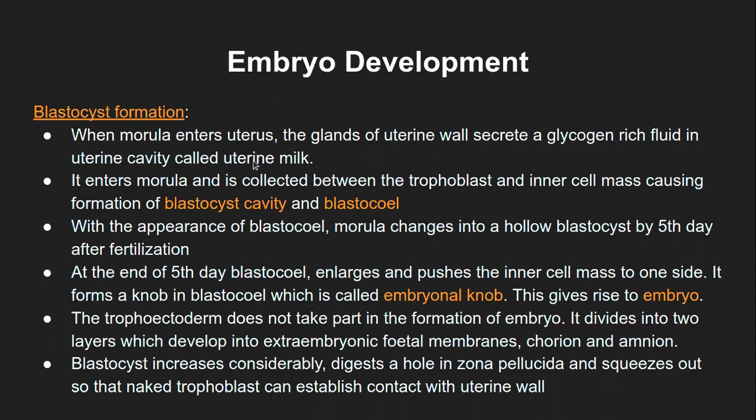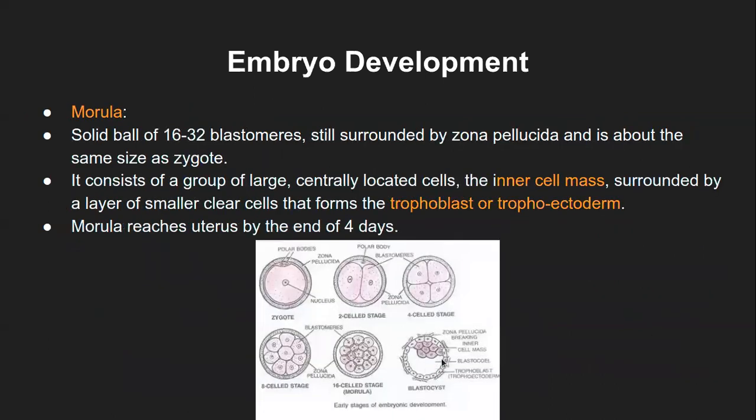It simulates a milk-type fluid. This fluid will enter the morula and is collected between the trophoblast cells. Within these cells of trophoblast, the uterine milk will enter inside this part that is shown empty here.